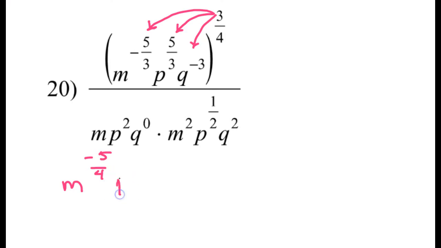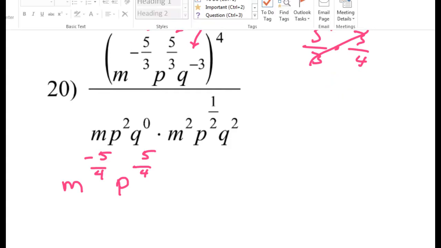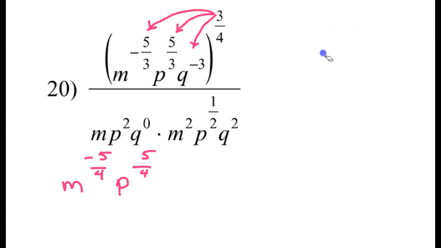This is going to give me p to the 5/4 power. Again, 5/3 times 3/4. The 3's cancel out. That's 5/4.